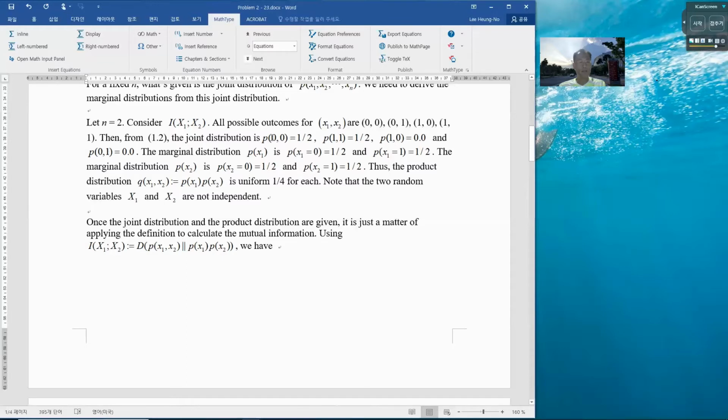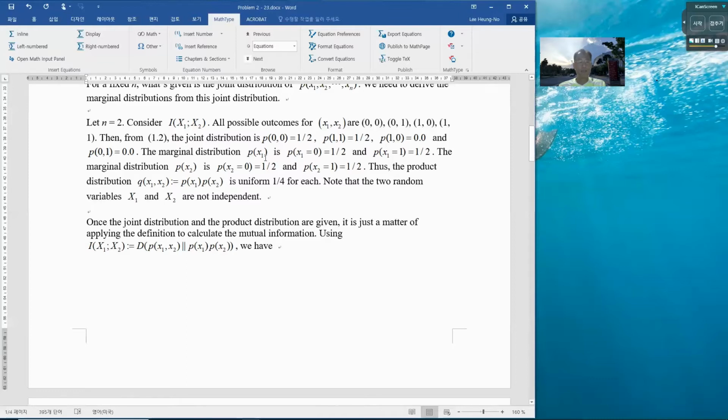You add these two probabilities to obtain p(x1 = 0), which is half. The same goes for x1 equal to 1: you add this probability with this one, where in both you have x1 equal to 1 and x2 is 1 or 0. That probability adds up to half.